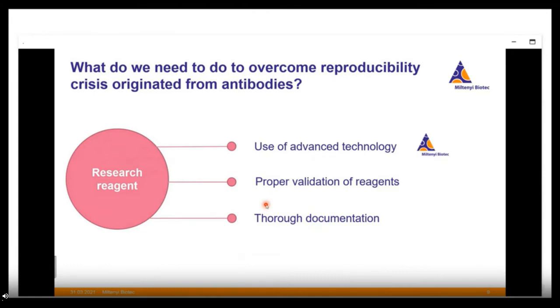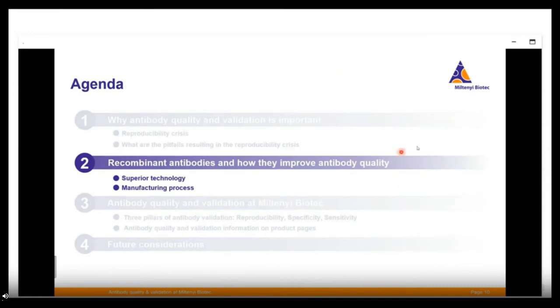We at Miltenyi Biotec are trying our best to support you with reagents produced using the best technology. And together with the support from the scientists in the validation and documentation effort, we can battle the reproducibility problem with advanced technology. This is where I would like to introduce you to the recombinant antibody technology.